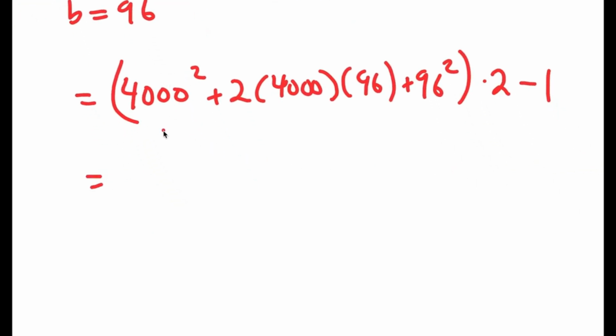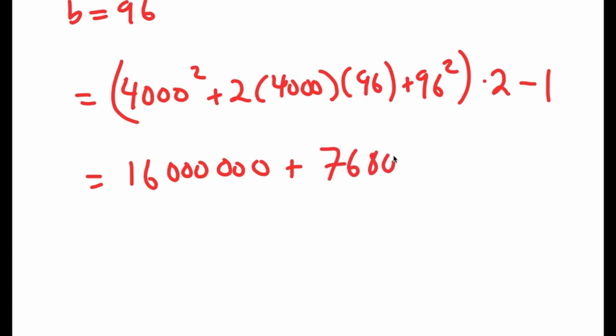Now 4000 squared is equal to 16 million. 2 times 4000 is 8000, and 8000 times 96 is equal to 768,000. And now I have this plus 96 squared, which is equal to 9,216.